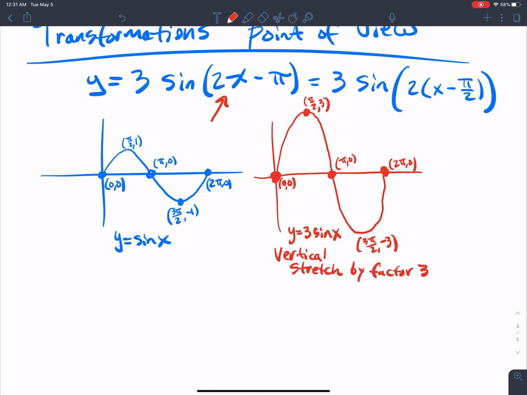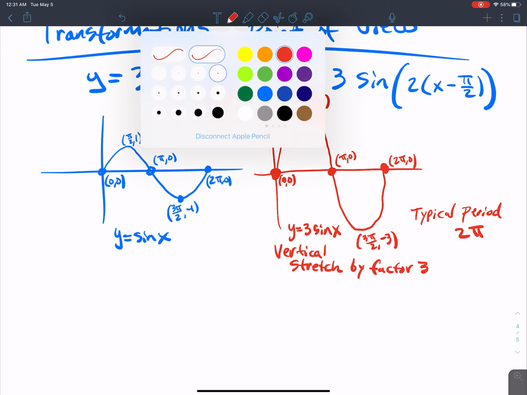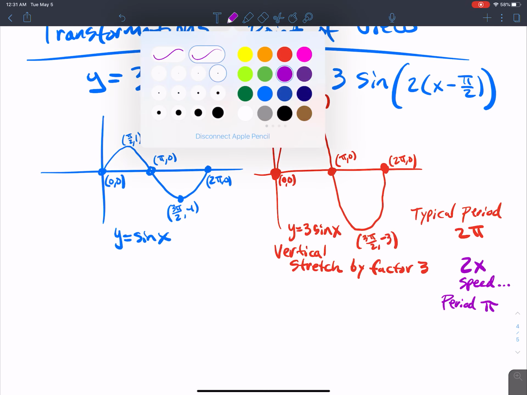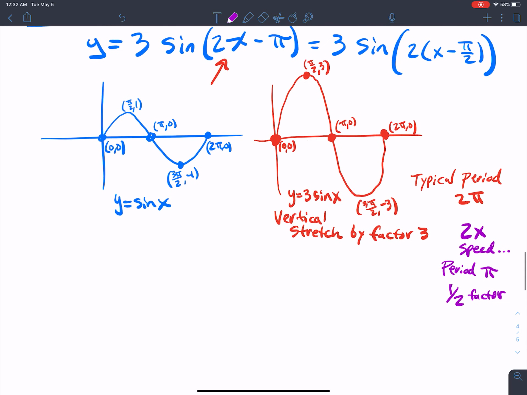So typical period is 2 pi, right? But if I'm going twice as fast, 2x speed, then my period is going to get over in pi units, in half the time. Okay? So it's a 1/2 factor. All right? So there's a horizontal compression of 1/2.